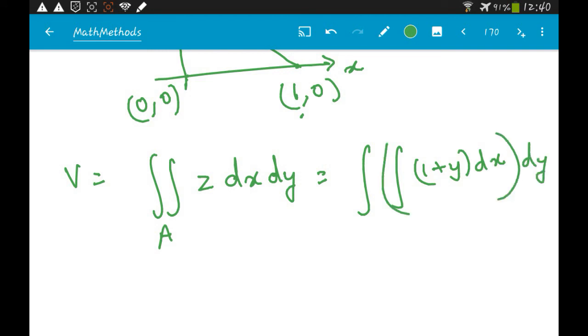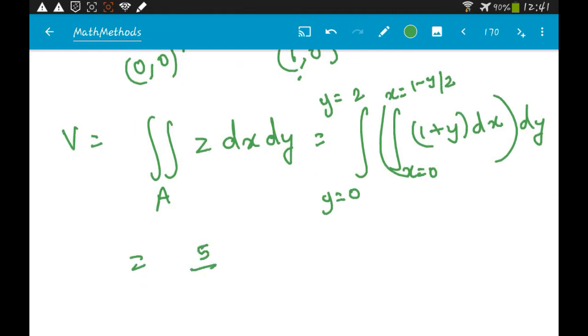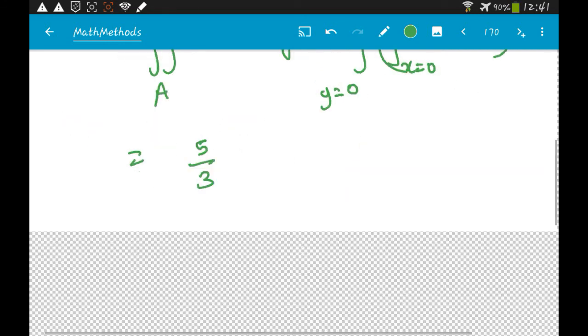So here dx, x goes from 0 to (1 minus y by 2), and y goes from 0 to 2. Okay, and then you will actually get the same answer. You will get 5 by 3. Okay, you can verify this. Alright.